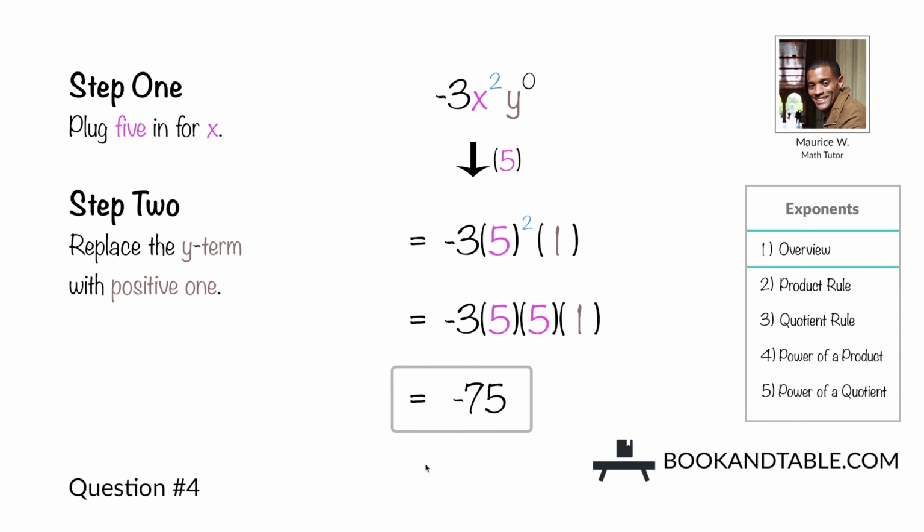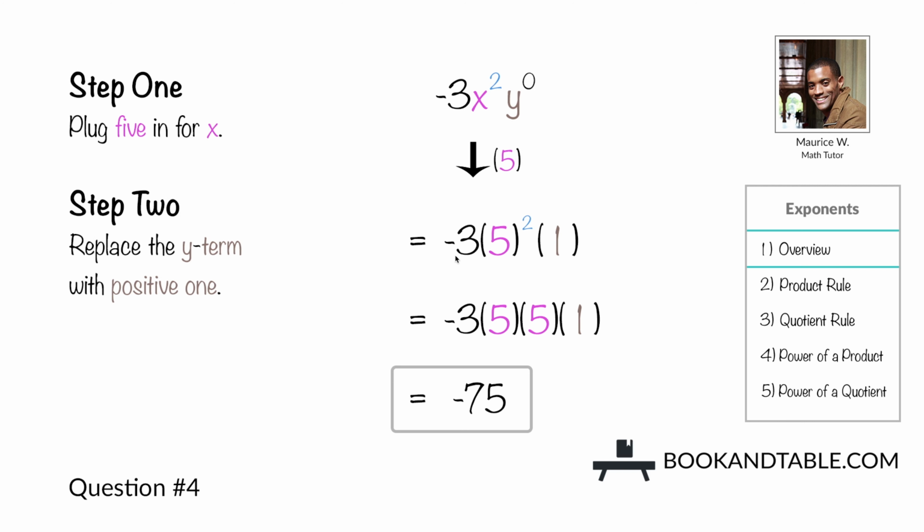And question number 4, we are given the term negative 3x squared y to a power of 0. Step 1, plug 5 in for x. That gives us negative 3 times 5 squared. And step 2, we want to replace y to the 0 with positive 1.